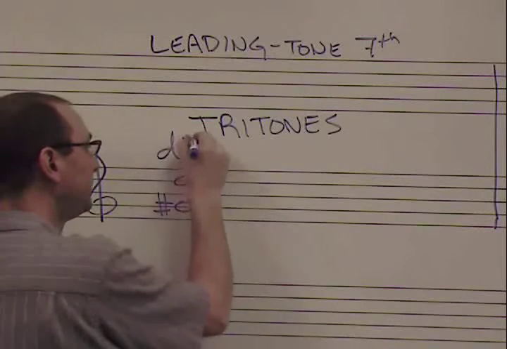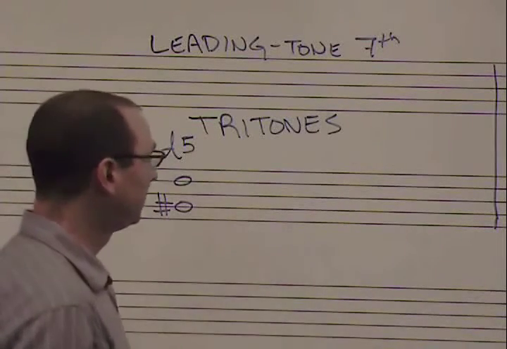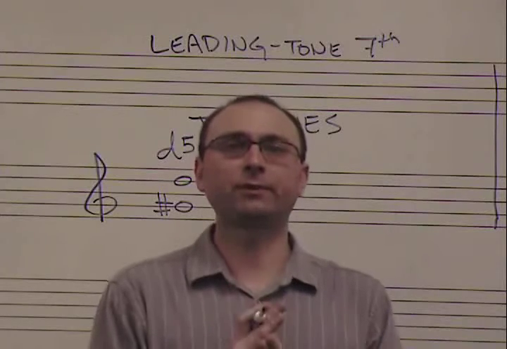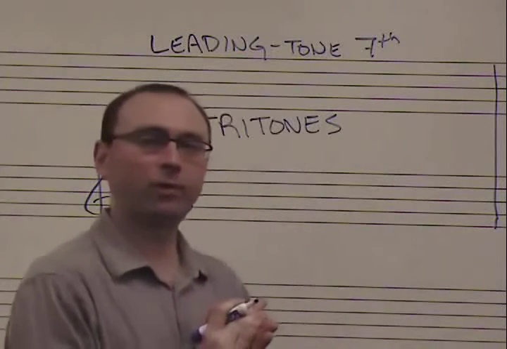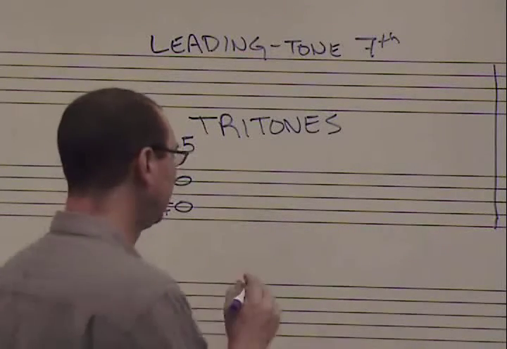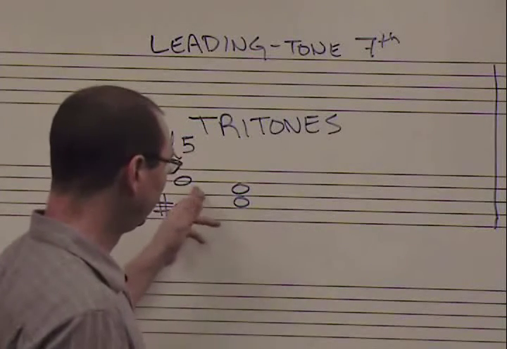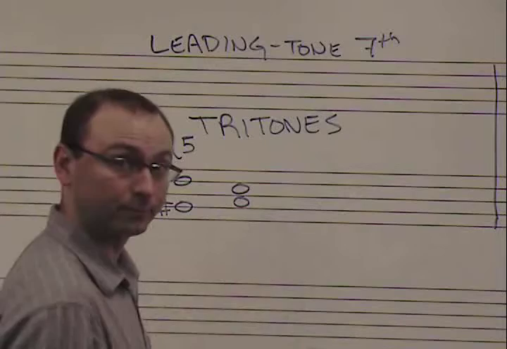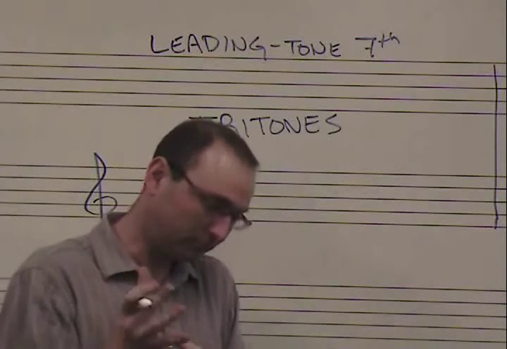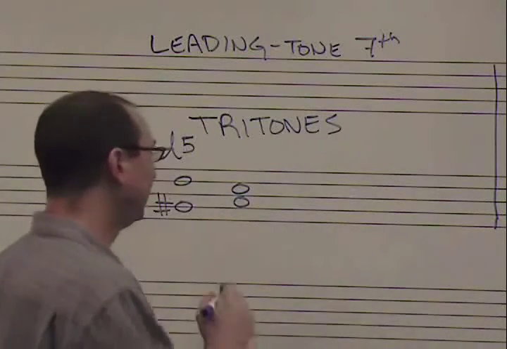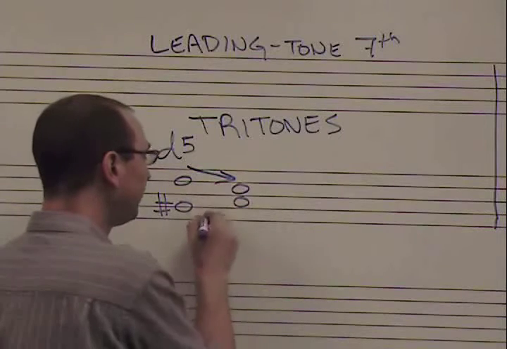This tritone is a diminished fifth. To resolve this tritone, both voices will move in contrary motion to a third. Could be a major third, could be a minor third, depending on the key, but they move in contrary motion.